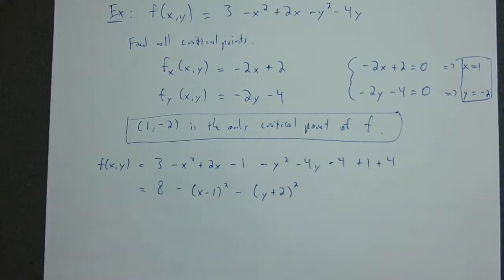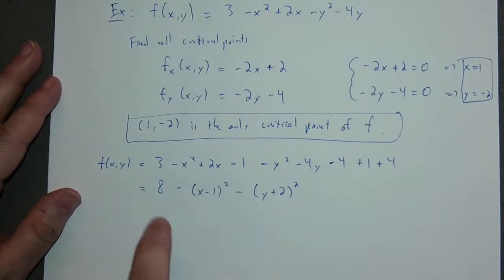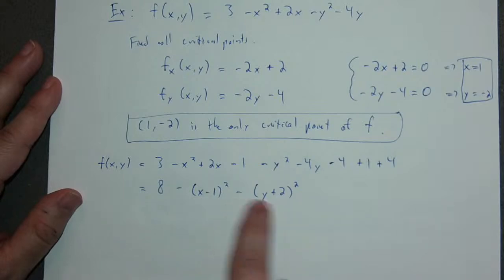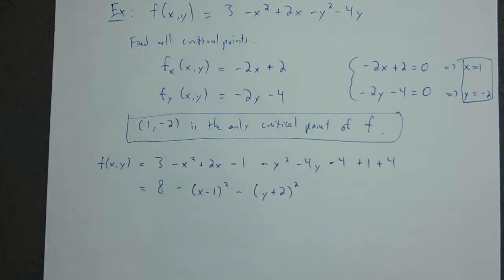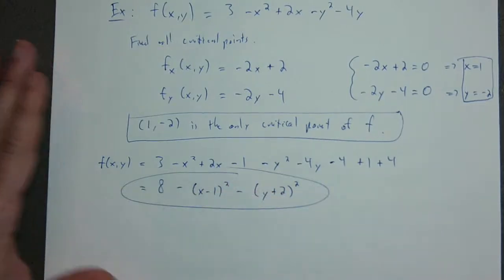So f actually has a really simple form, and from this I can tell that it's 8 minus something squared, so the smallest that square can ever be is 0, otherwise it's positive because I'm squaring it, minus something else squared, smallest this can be is whenever it's 0. Okay. So what's the largest that this thing can be?